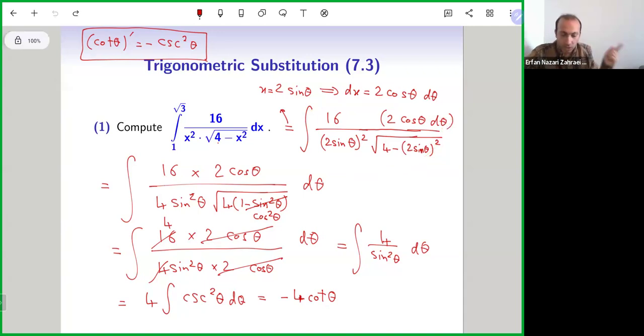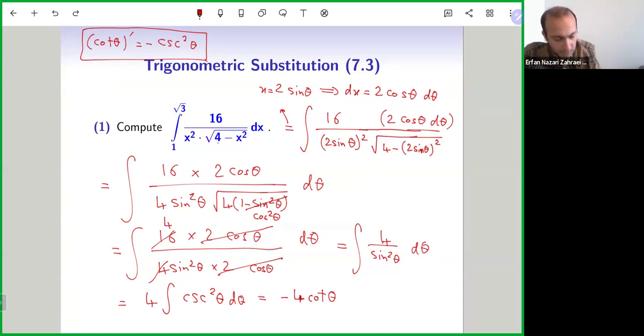To answer this question, I need a reference triangle, or you can just substitute and find what angle has that. Let's first replace x with 1.